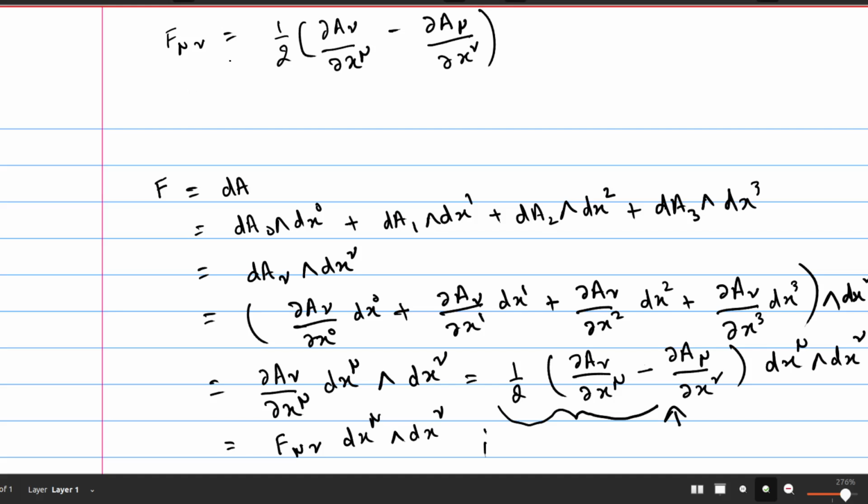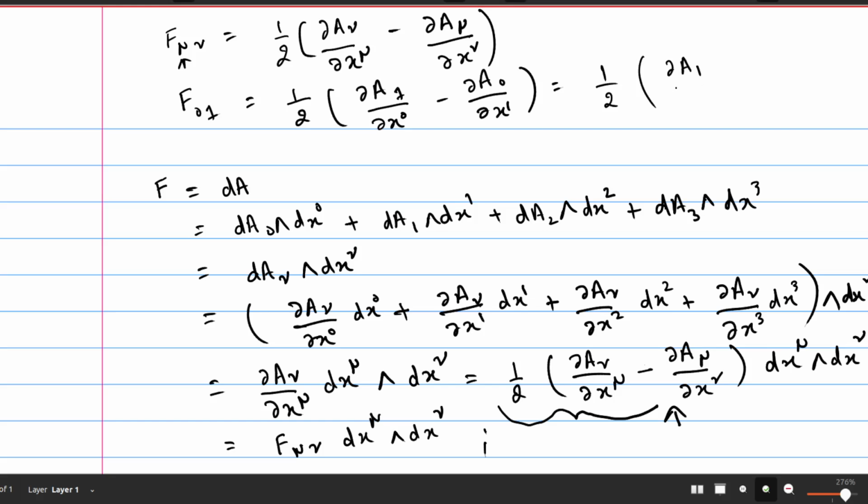But if, say, we take mu to be 0 and nu to be 1, then we get F01 equals 1/2 times del A1 del x0 minus del A0 del x1, which is 1/2 times del A1 by del t with a factor of 1 by c, minus A0, which is minus phi by c, so we have plus del phi by del x1, again with a factor of 1 by c.